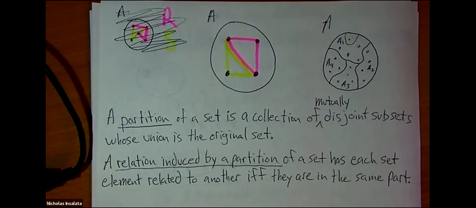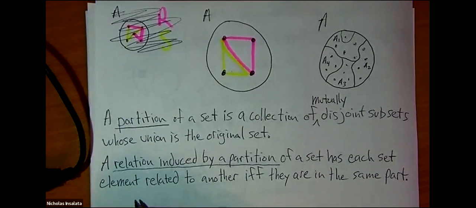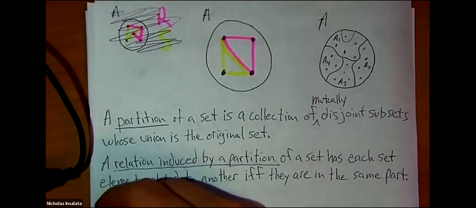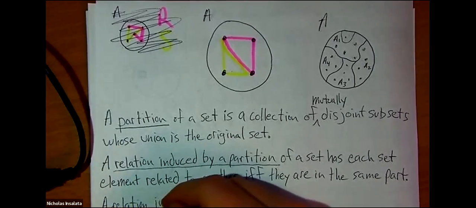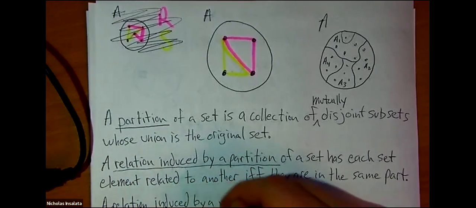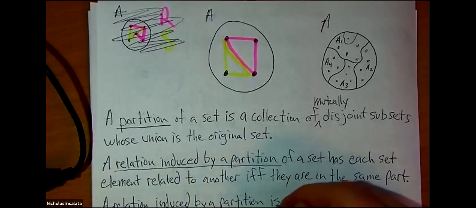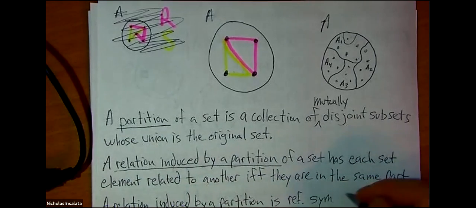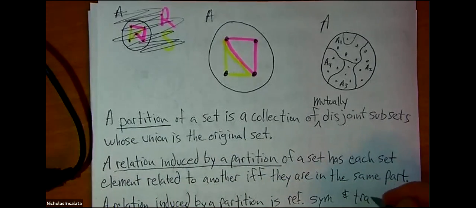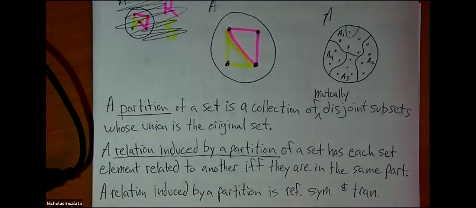A relation induced by a partition is reflexive, symmetric, and transitive. I think we can just walk through this.